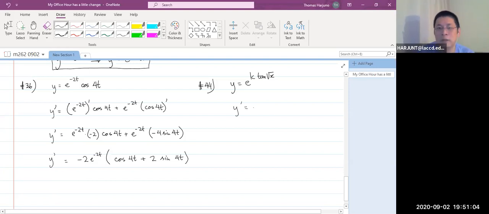Number 44, y prime is equal to e to some power, the derivative is the same thing, times the derivative of that thing, the u. Let me just write it that way for now.